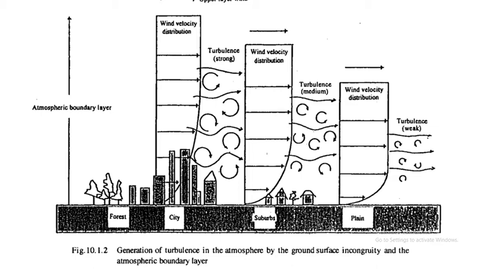Here the wind blows around, over or through trees, forest, mountain and a cluster of high-rise buildings in cities. Here are forest, city, suburb, plant. These are the wind velocity distribution profiles. In the city, turbulence is strong.